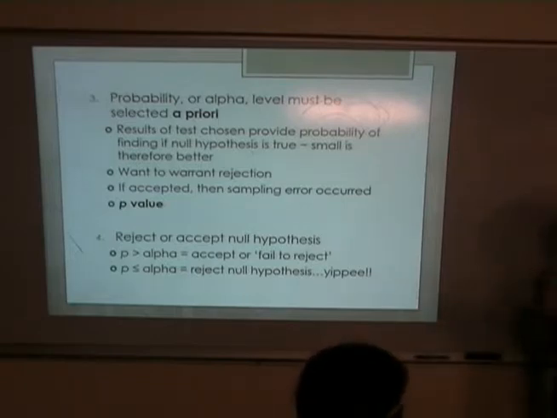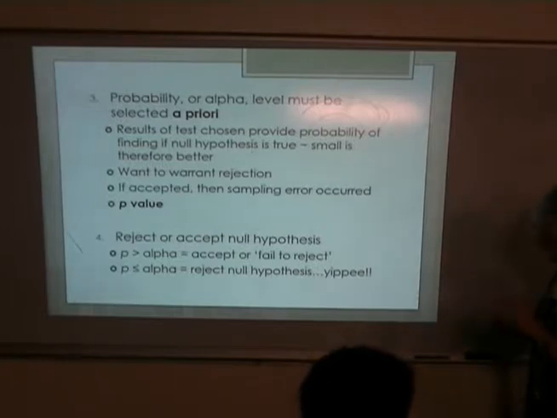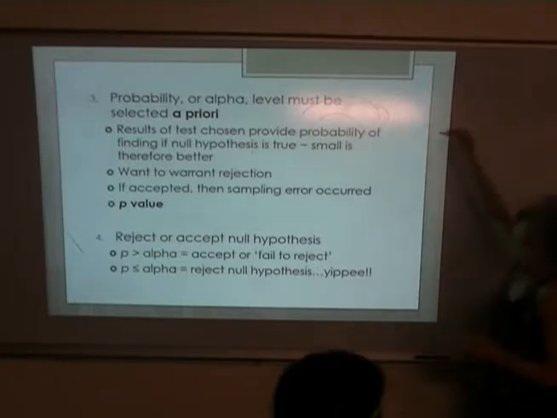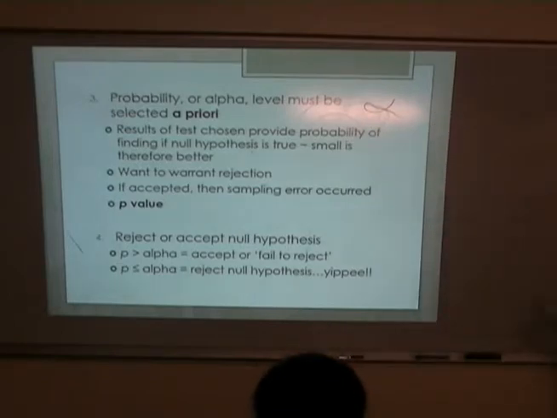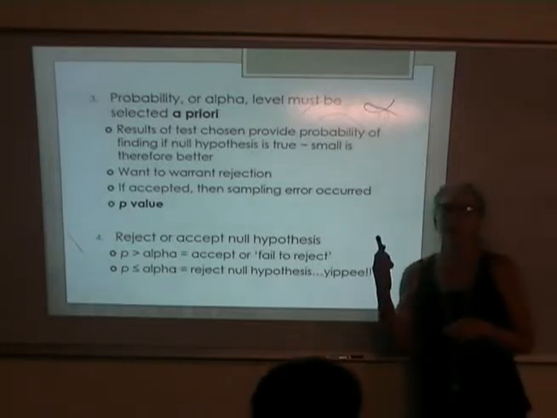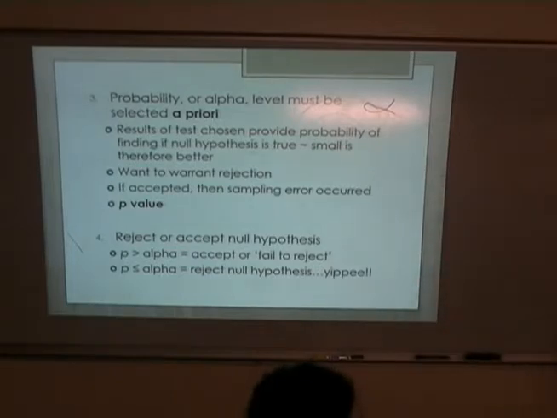The probability of you finding a result, right, is called alpha, literally alpha, like the Greek. And it's really important that alpha is set what we call a priori.